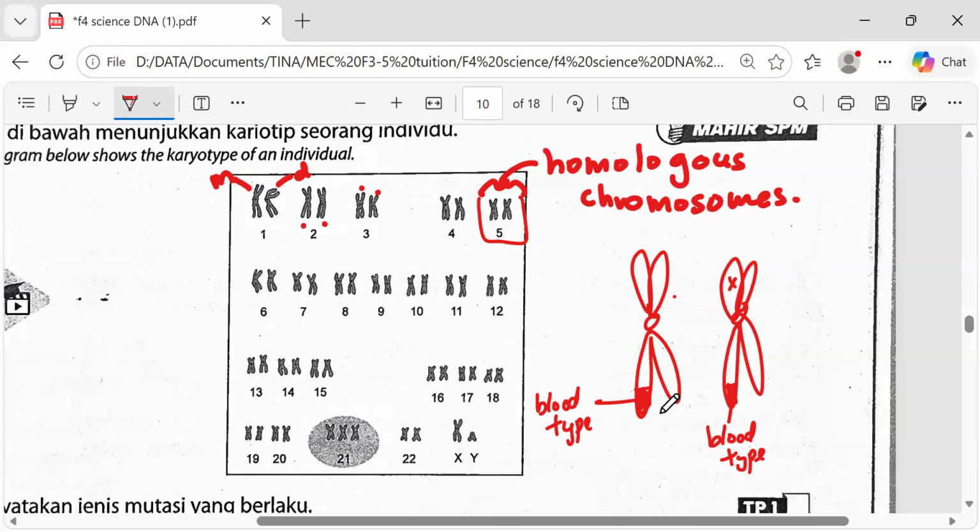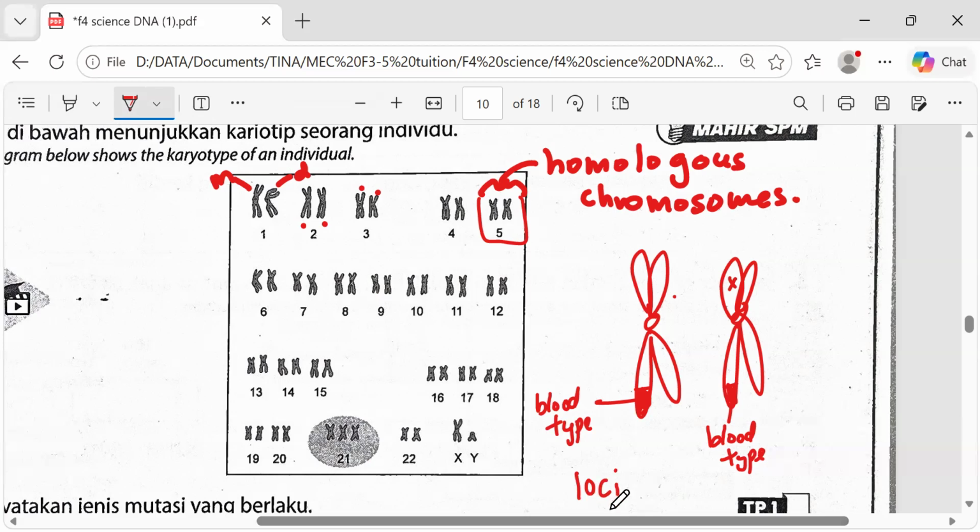The position is 100% the same for both chromosomes. That position you cannot call an address. It's called the loci. Like location.